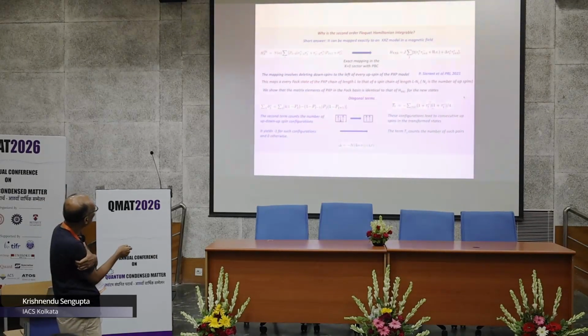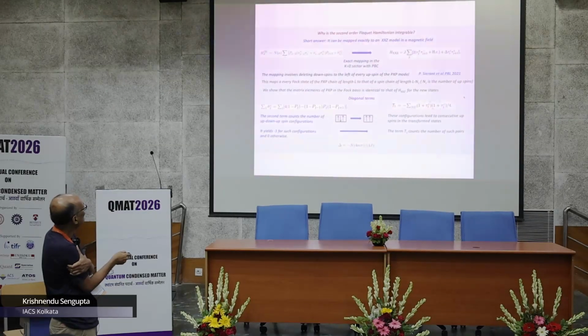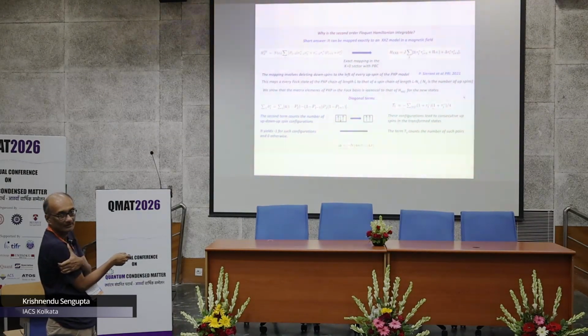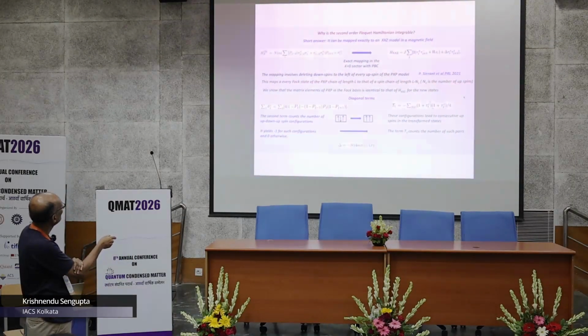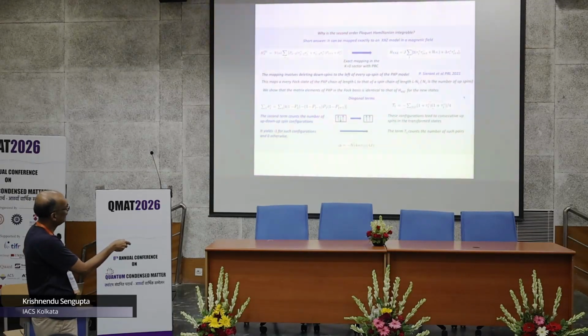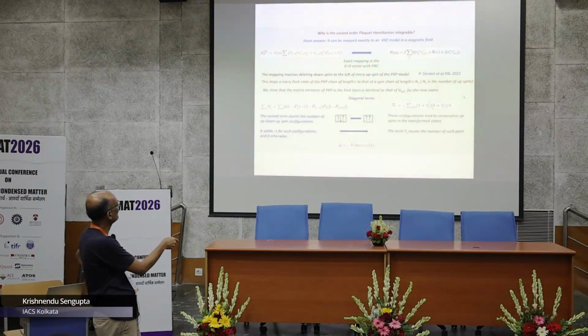The second term, now think of it in the PXP to XXZ language. We delete a down spin to the left of an up spin, and therefore this configuration of the PXP model goes to an up configuration in the XXZ model, and this term essentially counts that up configuration. So there is a natural mapping between this sigma z tilde operator and a 1 plus tau z, 1 plus tau z kind of combination that is here.